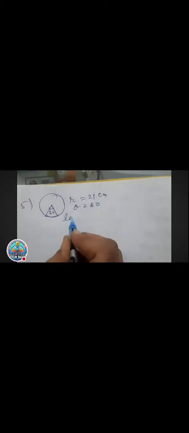So the formula for the length of the arc is pi r theta upon 180. Quite simple. You need to put in only values. So here theta is 60, pi is 22 by 7, radius is 21, theta is 60 upon 180. So the answer we got is 22 centimeters. See how simple we are solving it.